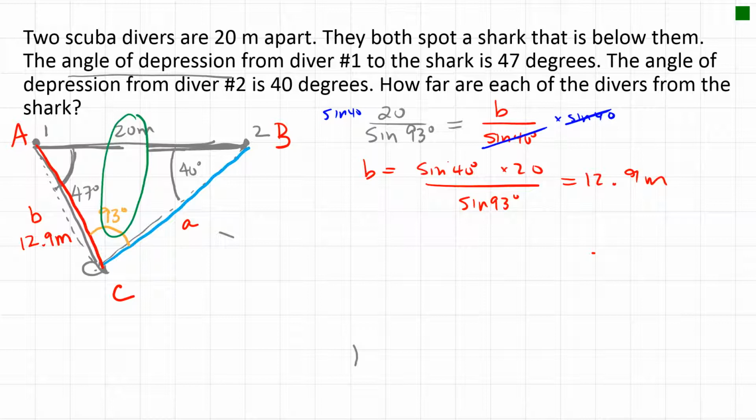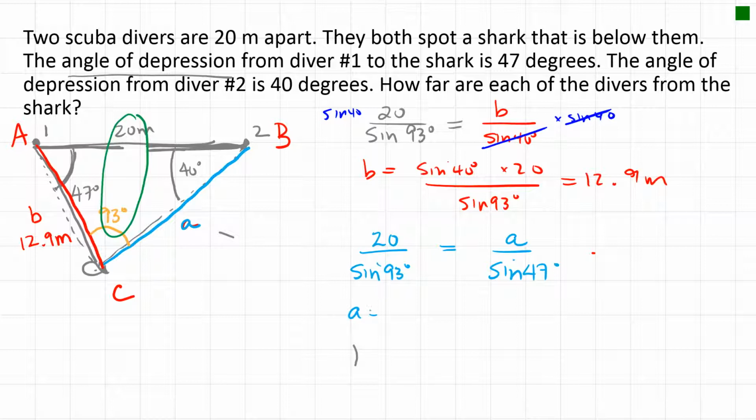Next step is I'm going to want to calculate a, and I set up the problem again. This time I'm still going to use the same ratio, the one that was given as part of the problem, but this time use a over sine A, which is 47 degrees.